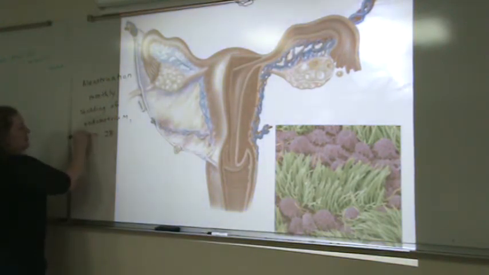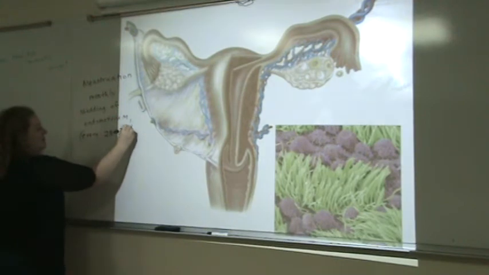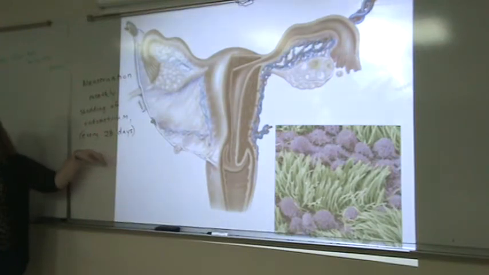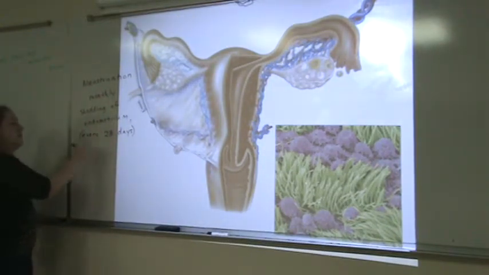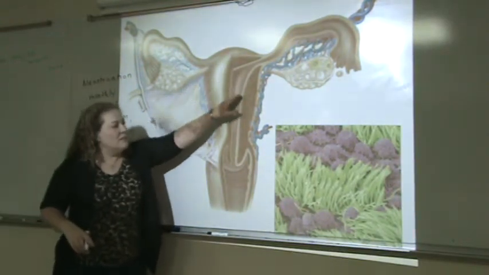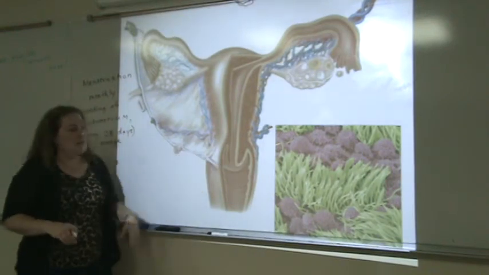So supposedly every 28 days. That's an average for sure. So some women have shorter cycles, some women have longer cycles. That's the average. And so the shedding of the lining is about every 28 days.